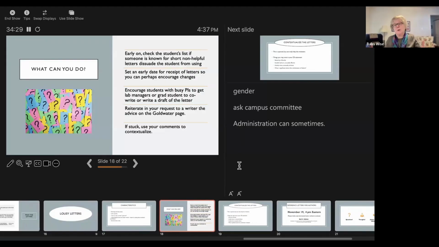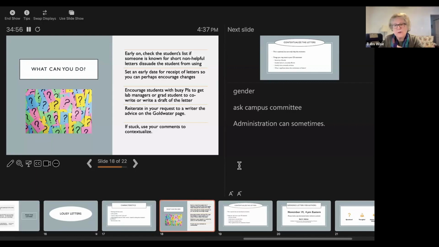Okay, so what can you do with a lousy letter? This is probably the stickiest part of a CR's job, or a fellowship advisor. What do you do? So again, check the letters on the pre-app or wherever. If someone writes non-helpful letters all the time and you know it, I might query the student about whether there is someone else who could help.